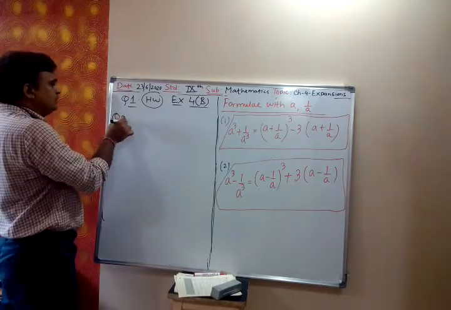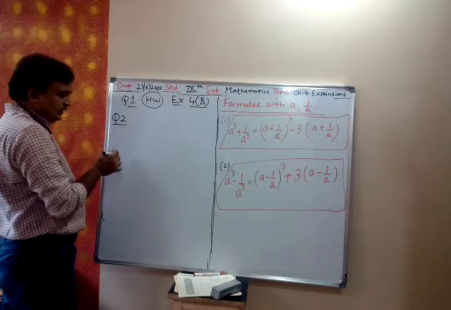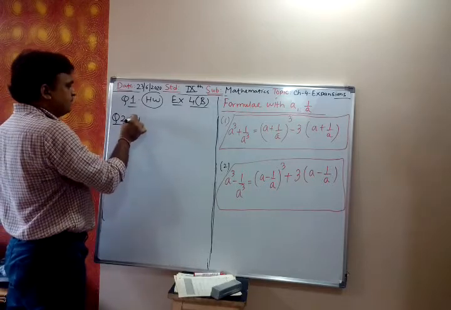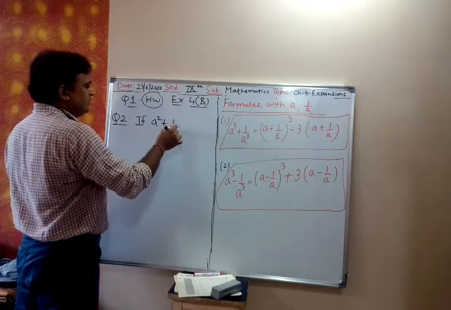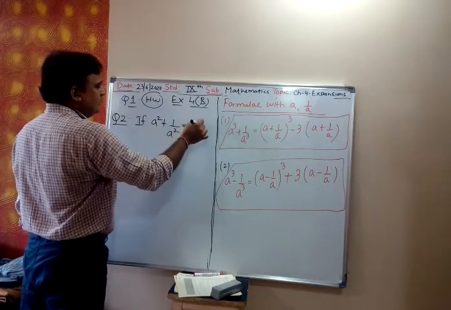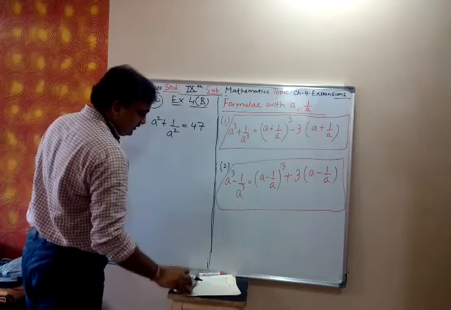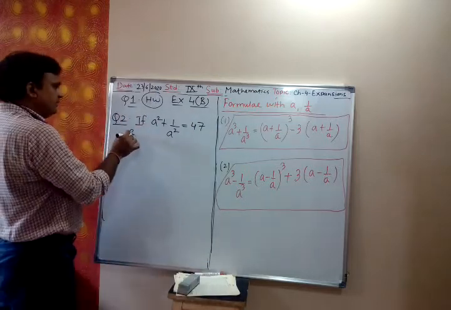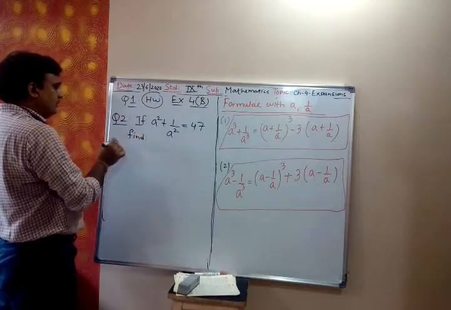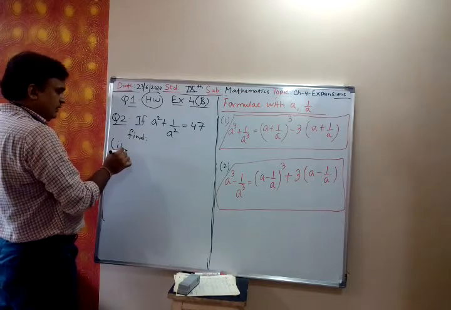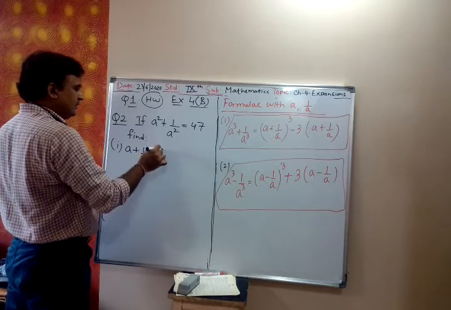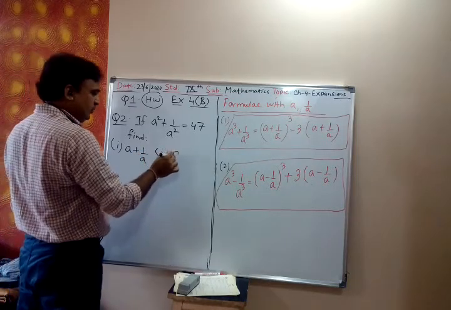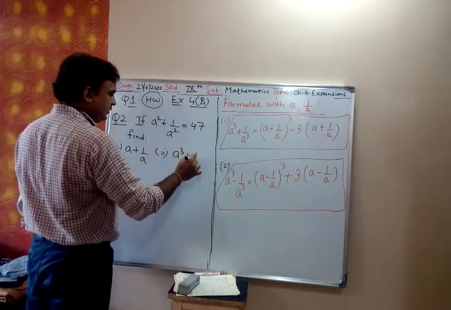So question number 2. If a square plus 1 upon a square is 47, find first a plus 1 upon a, second a cube plus 1 upon a cube.